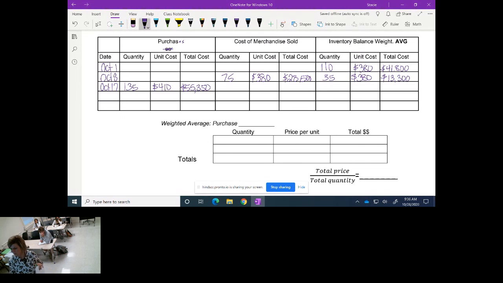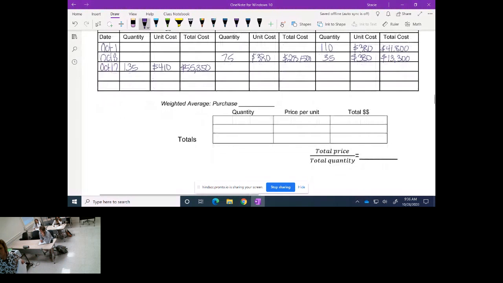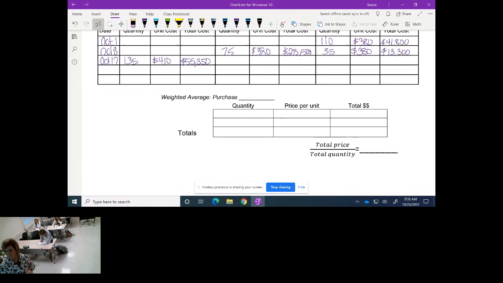Okay, so at this point, we have to figure out what our new average cost is. I've got this down here to help you figure that out. We're going to put the date on here, October 17th purchase. We're starting out with 35 units at $380 per unit for a total of $13,300.